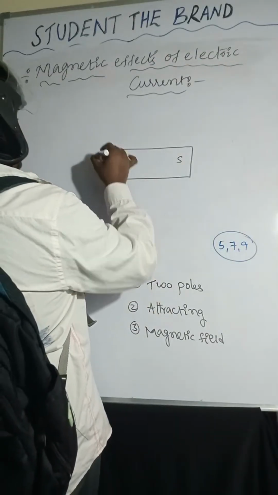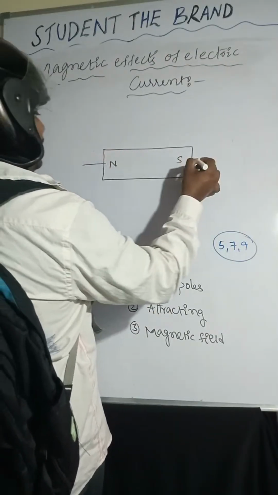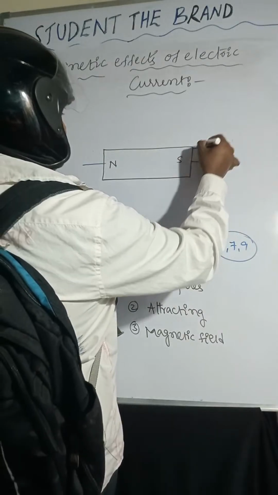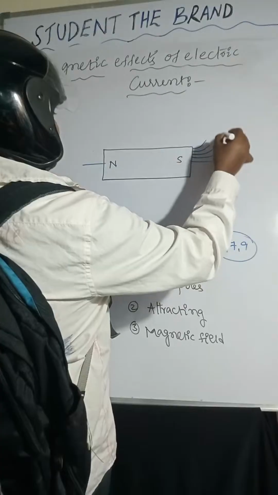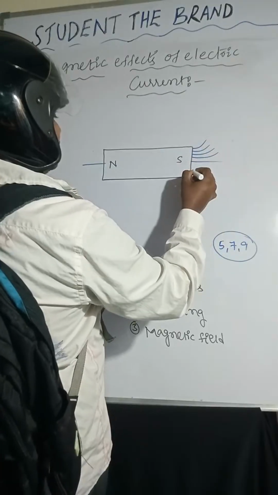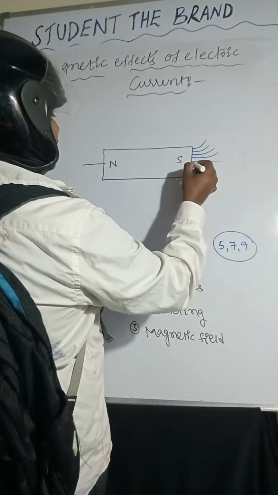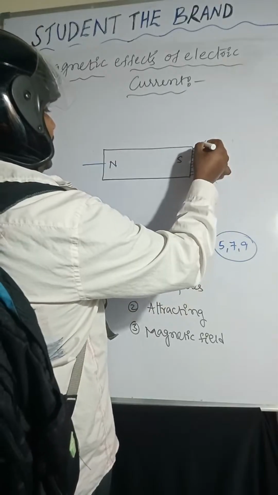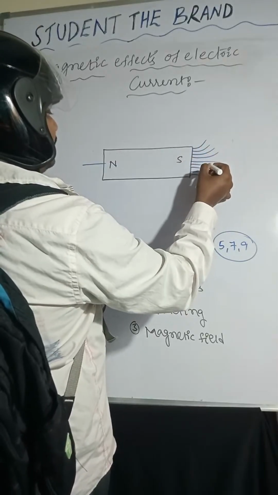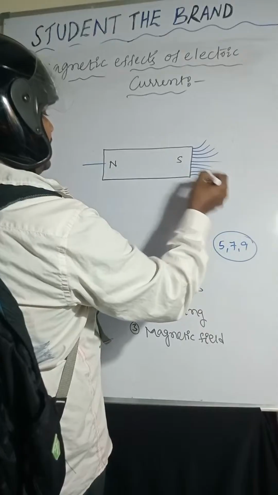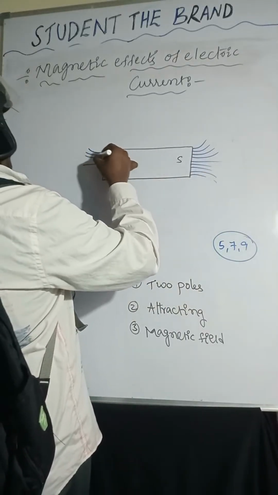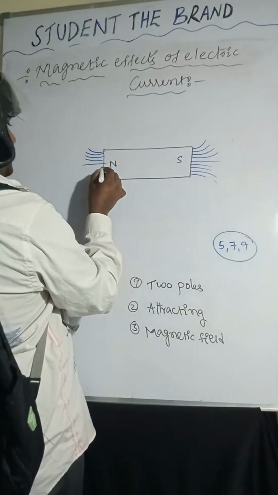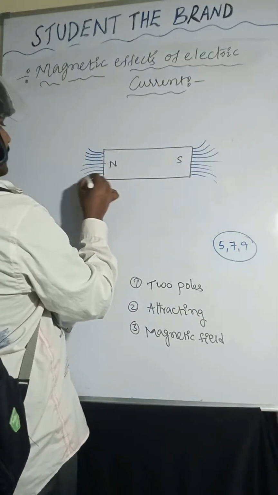So the middle one you have to draw first. 1, 2, 3, 4, 5, 6, 7, 8, 9. Above, 4 you have to draw, and below, 4 you have to draw.